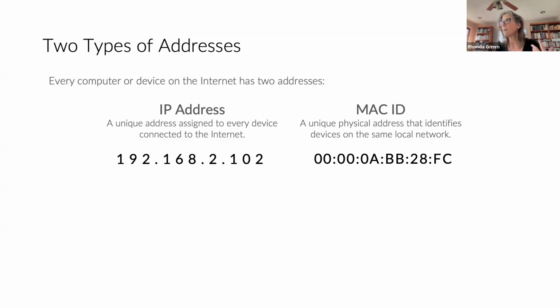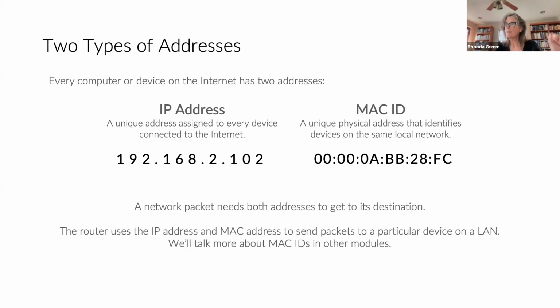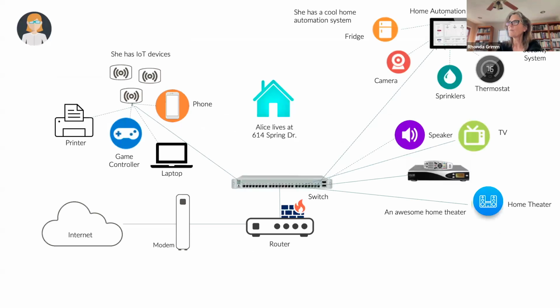Like my iPhone has a unique MAC ID, and all the numbers mean something special in the sequence. A network packet needs both addresses to get to its destination. But the router uses the IP address to send it to a particular device on a LAN. We're not going to talk about MAC IDs too much. We can talk about those in other modules. We're going to focus on IP addresses for now.